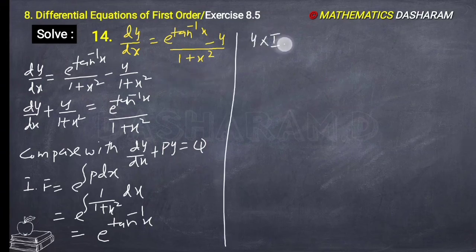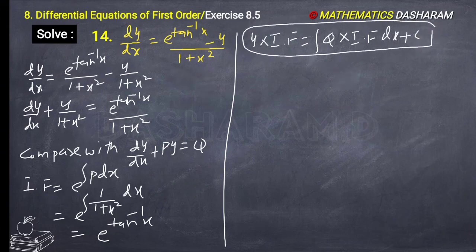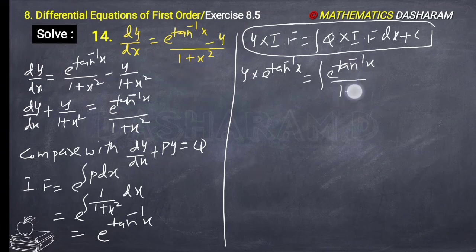Now the solution is y into integrating factor equals integration of q into integrating factor dx plus c. So here y into integrating factor is e to the power of tan inverse x and the q value is e to the power of tan inverse x by 1 plus x square, and the integrating factor is e to the power of tan inverse x dx plus c.